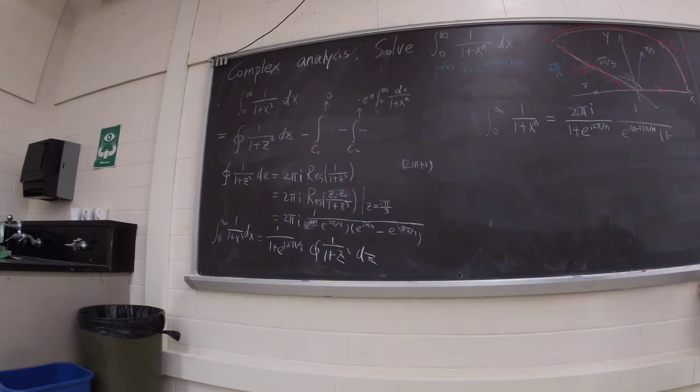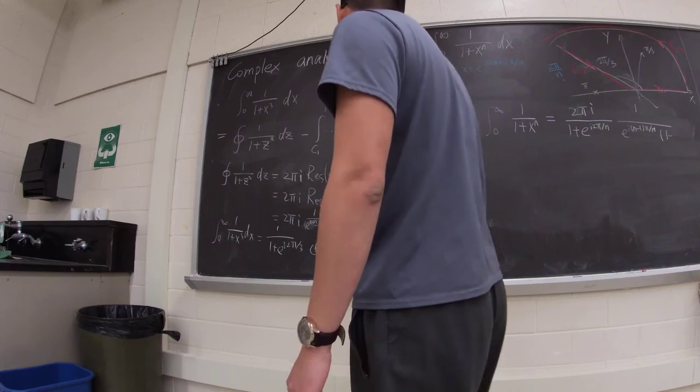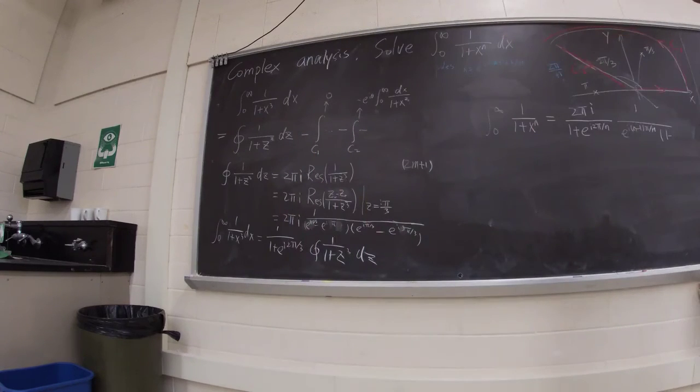Minus 2 e to the i (n minus 1) over n pi, multiplied by m.